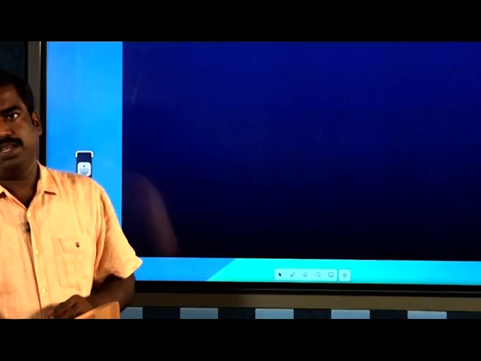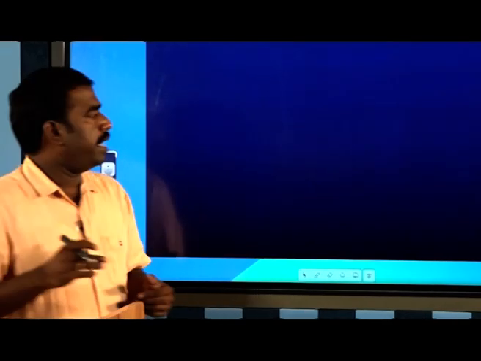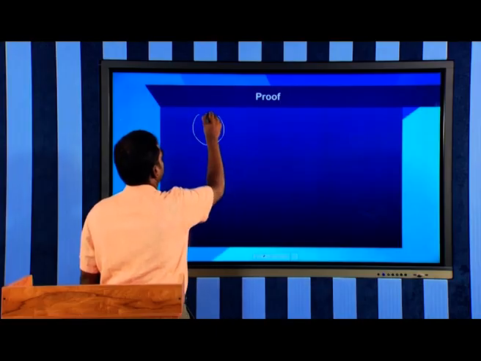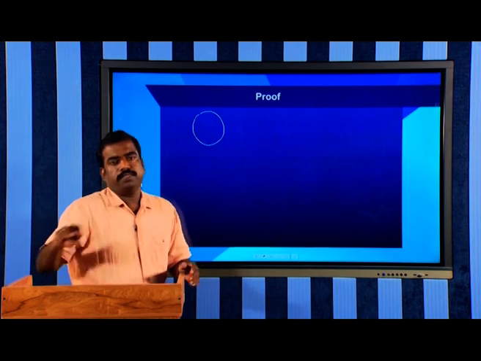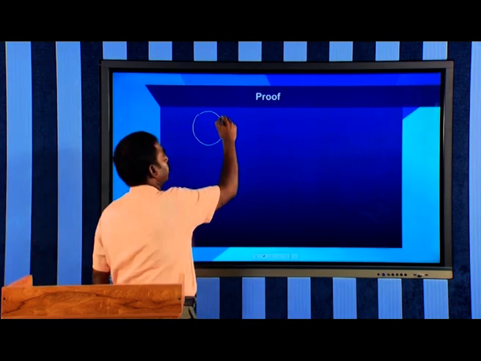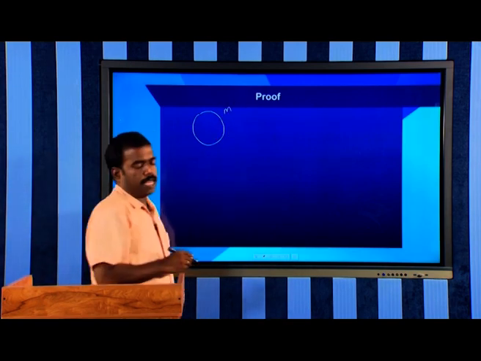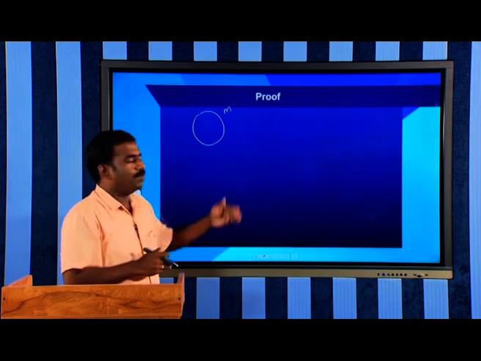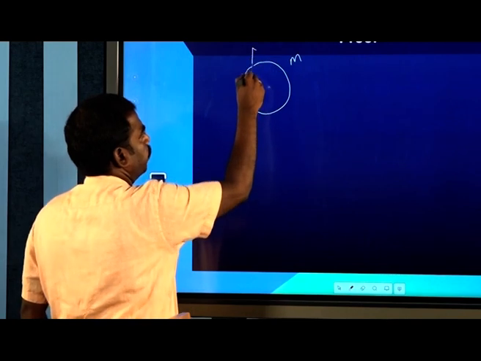Now we need to prove this parallel axis theorem. For this we are considering a rigid body of mass capital M, and we require to find the moment of inertia of the same body about an axis PQ.